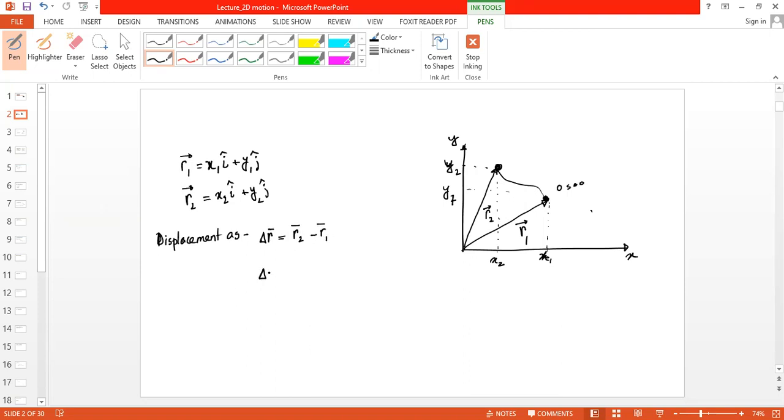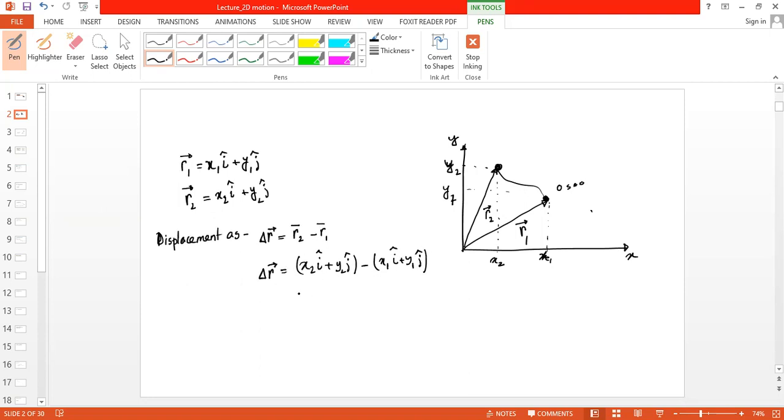So the displacement vector delta R equals R2, which is x2 i plus y2 j, minus x1 i plus y1 j.